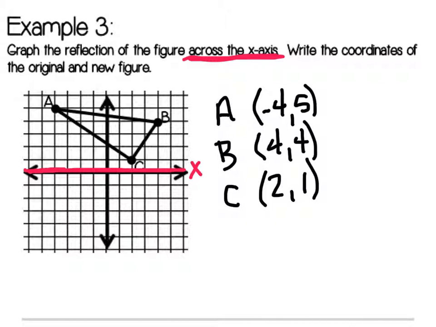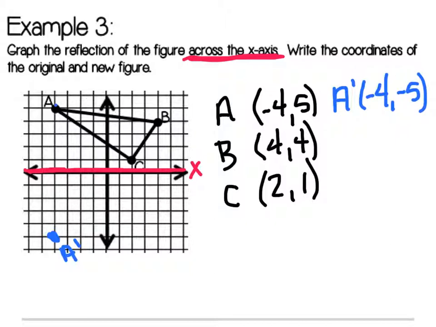So we are going to reflect point A across the x-axis. It is 1, 2, 3, 4, 5 spaces away. So when we are reflected across the x-axis, we're going to have it 5 spaces away. Label that A prime. Now, our image of A is now at the ordered pair -4, -5.